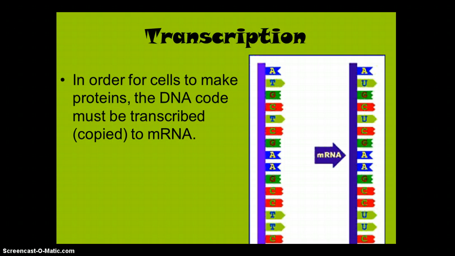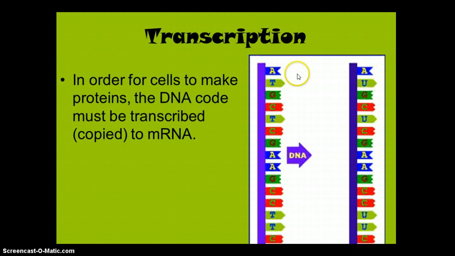Transcription: in order for cells to make proteins, the DNA code must be transcribed to mRNA. And I actually don't like this representation of it because it makes it look like we take DNA and we just put it into the exact same copy of mRNA. Actually, mRNA will be a complementary base sequence.